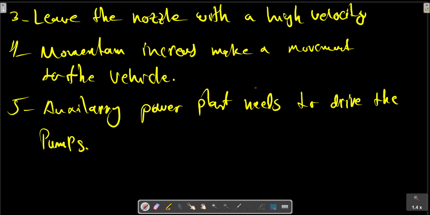In a large rocket, this auxiliary power plant must be very reliable and have a relatively high power output, yet it must be light in weight.